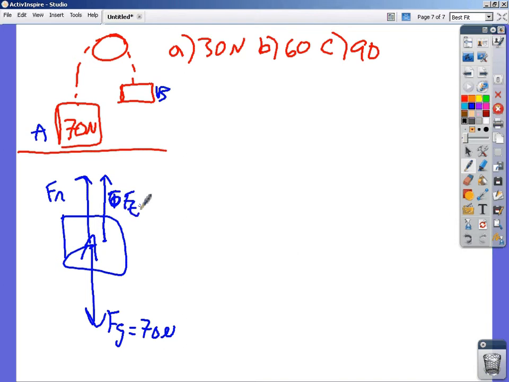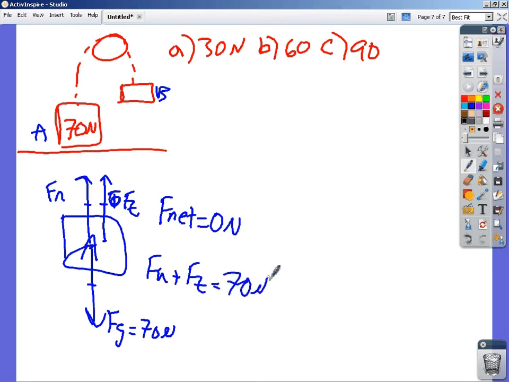Now we ask ourselves, is it accelerating? No, it's at rest on the ground. So our net force has to equal 0 newtons. What that means is normal force plus tension force has to equal 70 newtons, right?